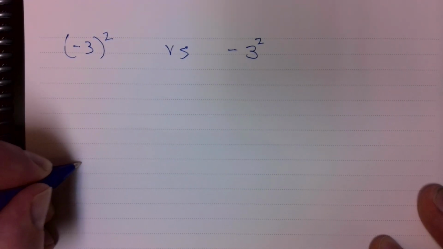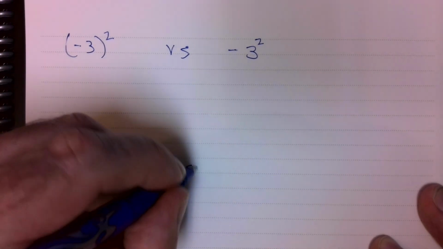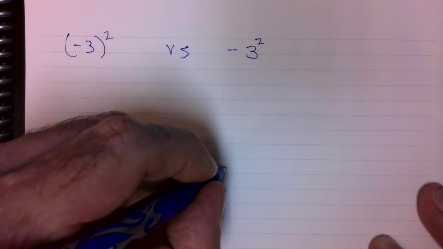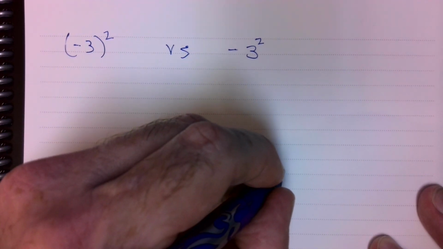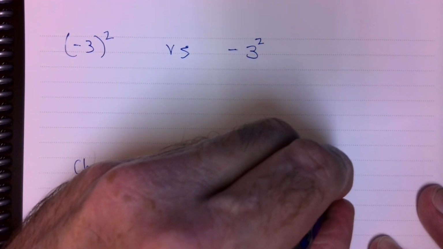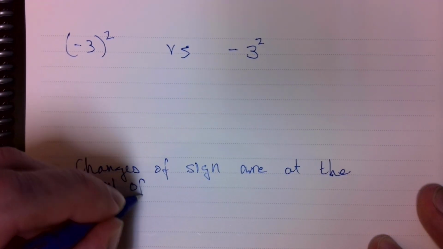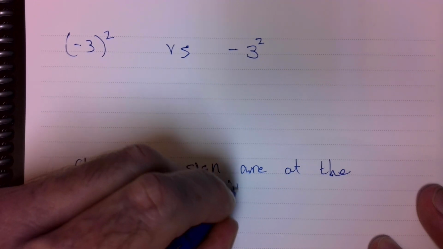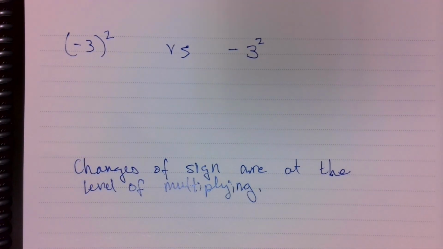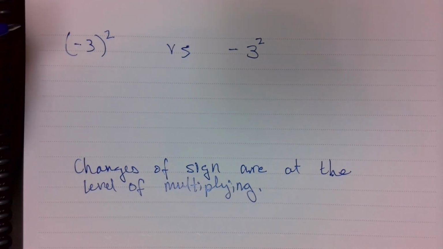Changing sign are at the level of multiplying. Okay, so you do any sign changes after you do the exponents, unless you're given parentheses here, which tells you to change the sign first.